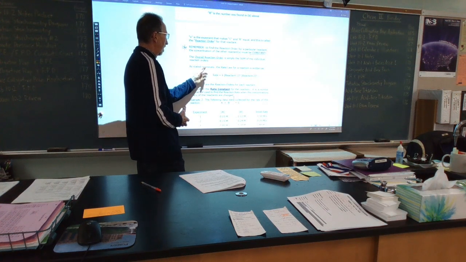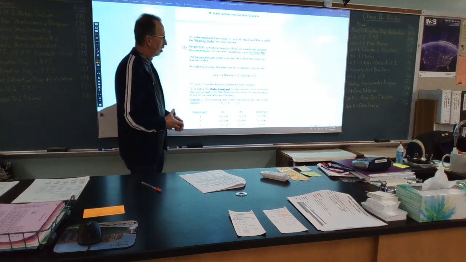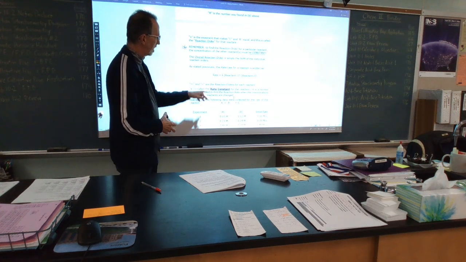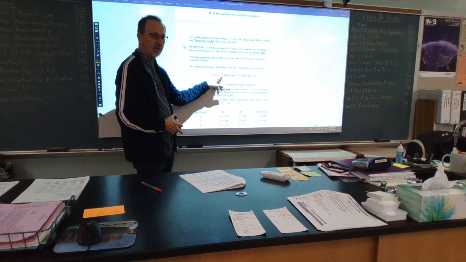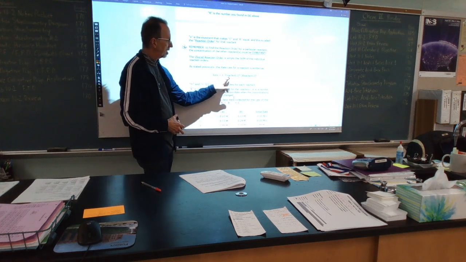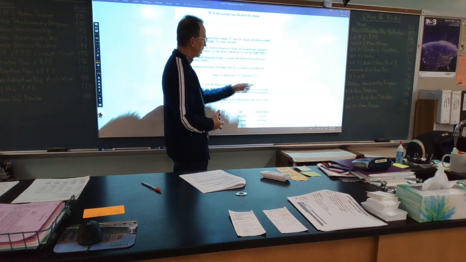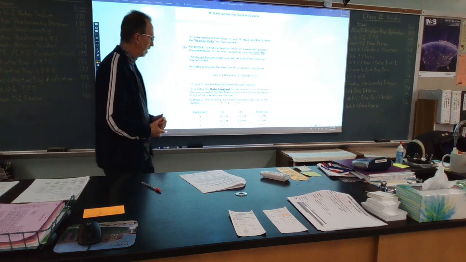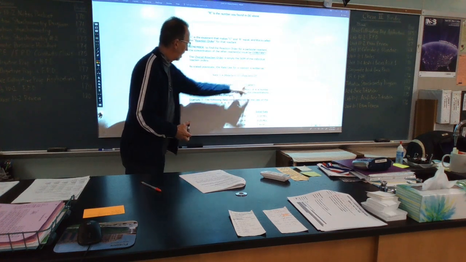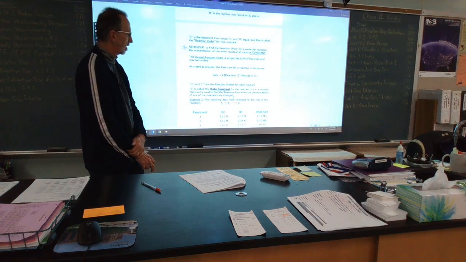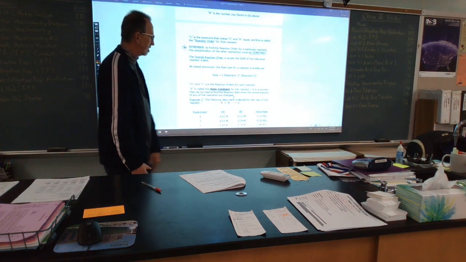And again, as stated a little bit ago, the rate law for a reaction is written in general like this. The rate of the reaction equals k, the rate constant, times the concentration of reactant 1 raised to some power, times the concentration of reactant 2 raised to some power, where m and n are the reaction orders for each reactant. k is the rate constant.